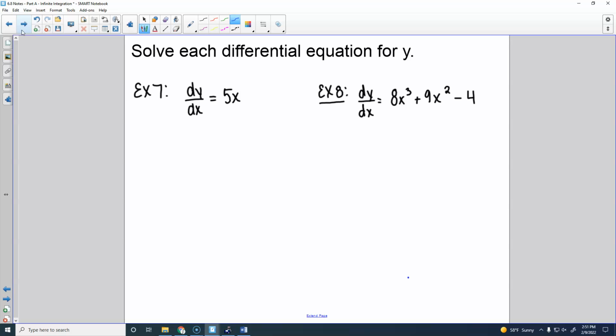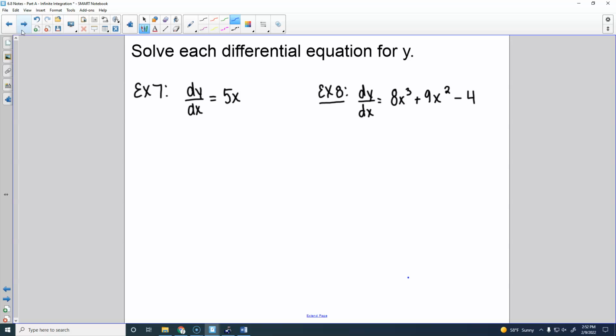So now you're going to see some, I believe, on your homework that ask you to solve each differential equation for y. Now we will do an entire chapter on differential equations, but this is the very most basic type of differential equation that you will see.